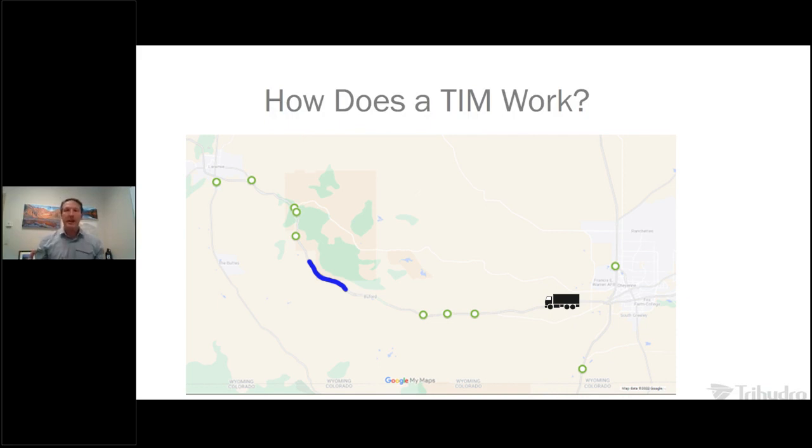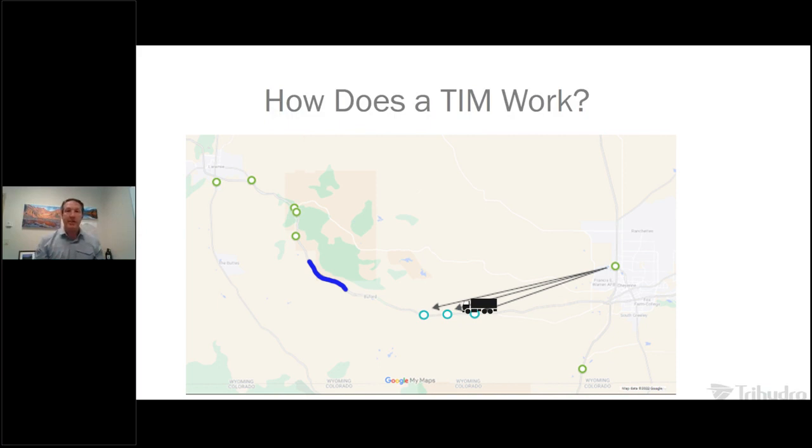As they do that, TriHydro's built out software to be able to help create these traveler information messages and then disseminate those to our roadside units that are installed along the roadway. Now, all of the RSUs that the WYDOT has installed are indicated by these little green dots here. So our traffic management center then pushes the messages to these roadside units. The roadside units then start broadcasting these traveler information messages to our connected vehicles, and a connected vehicle then encounters one of the RSUs.